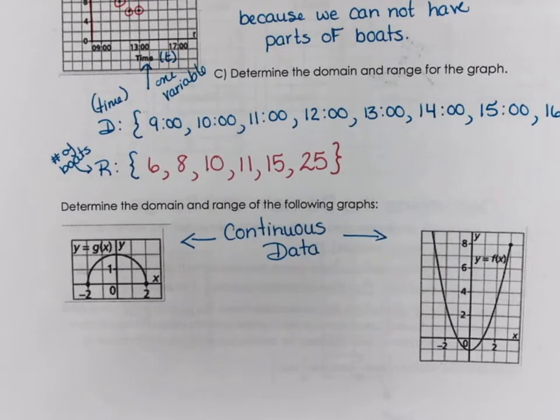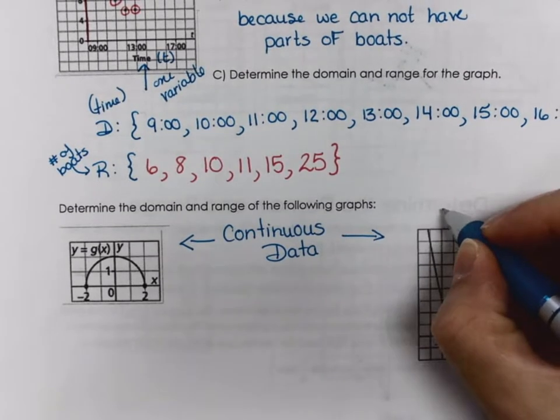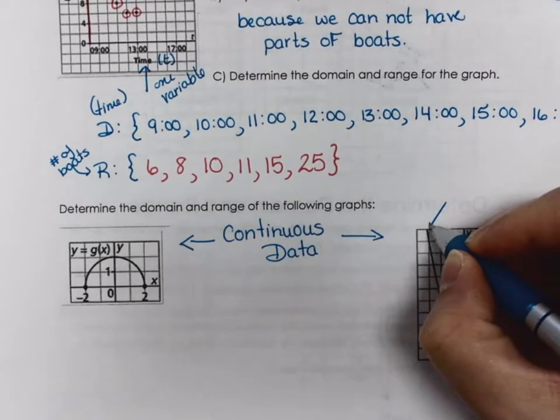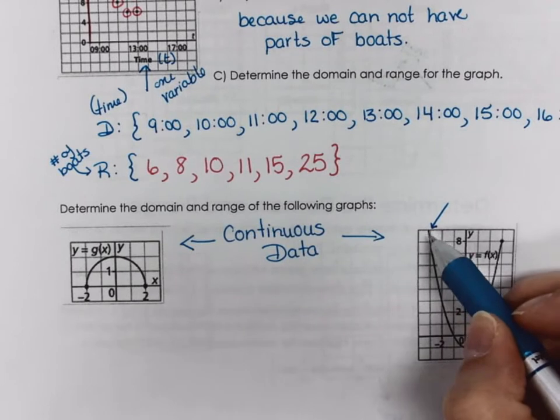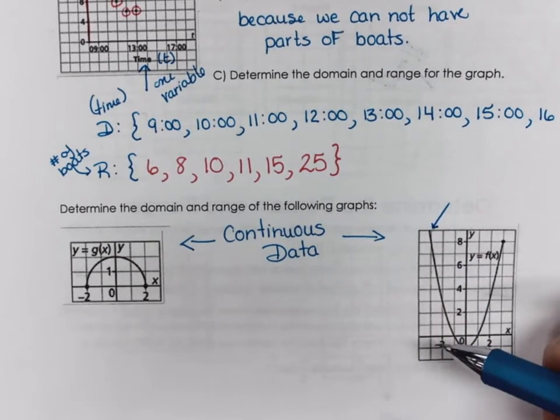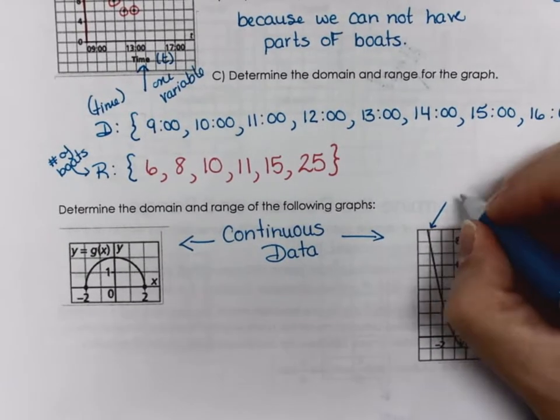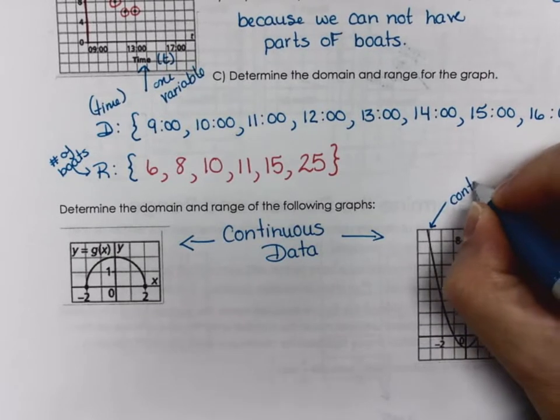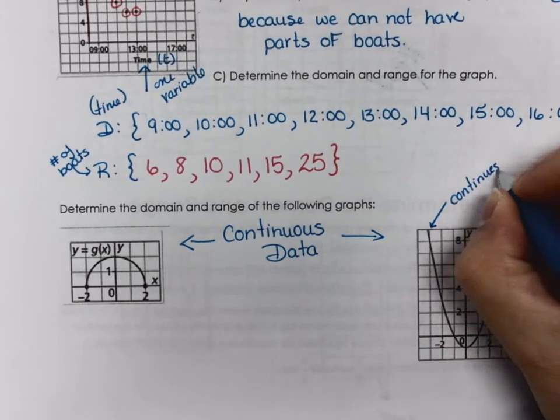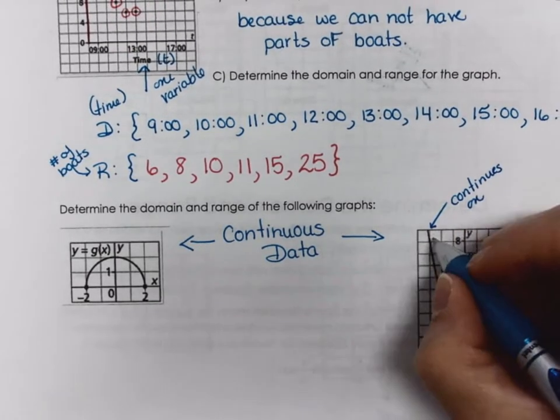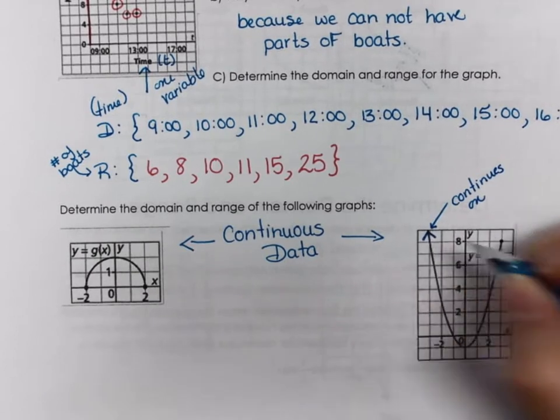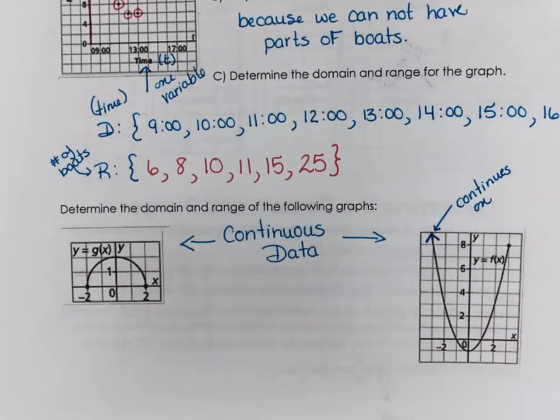Okay, so here's the thing. Sometimes our graphing programs can be a little bit finicky. They don't do it the way I'd like to see it. I want to look at this graph just for a second. See how this end goes right to the top of the graph? You can assume that that continues on. Normally we just put an arrow on it, and that would indicate that it continues on.